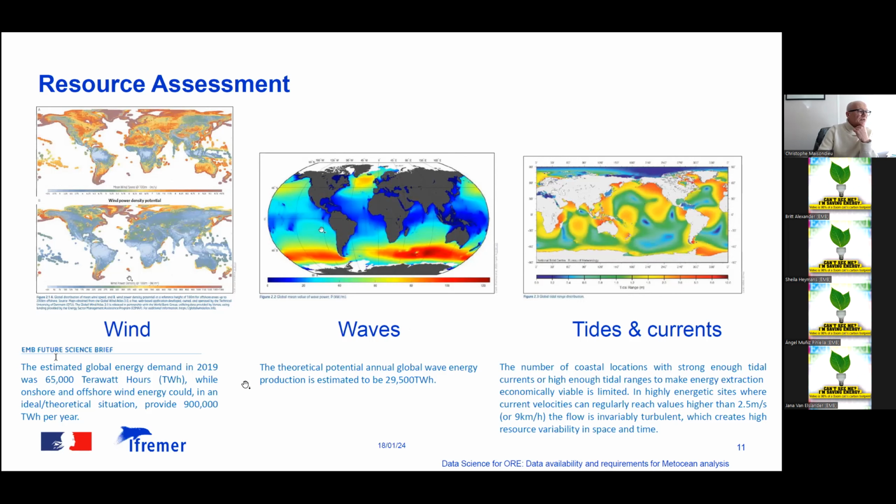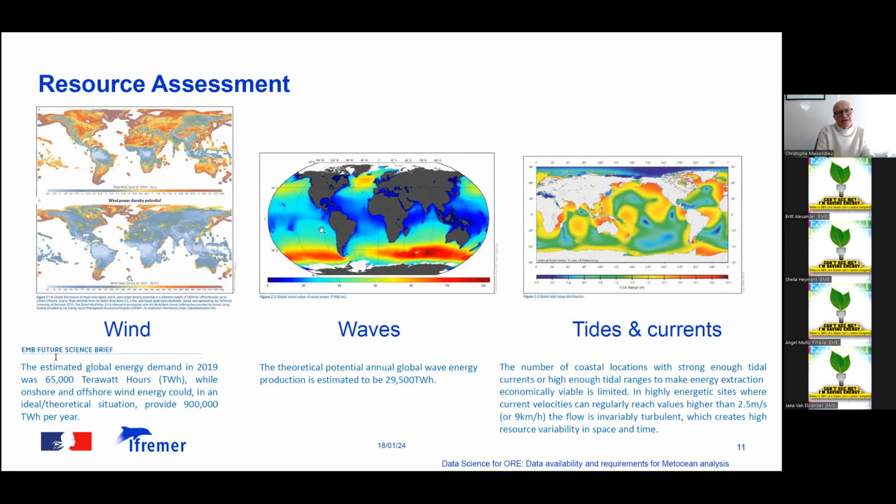These studies on resource assessment clearly show that, whether it is for wind or waves, we have an interesting resource that can be used to respond to the demand for energy, mainly electricity, at the global level, and also at the European level, of course.